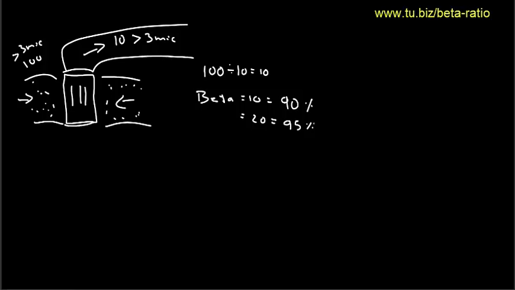If you have a beta ratio of 75, you have an efficiency of 98.7%. Once you get to a beta of 75, once you get to this efficiency level, we're talking about absolute filtration.